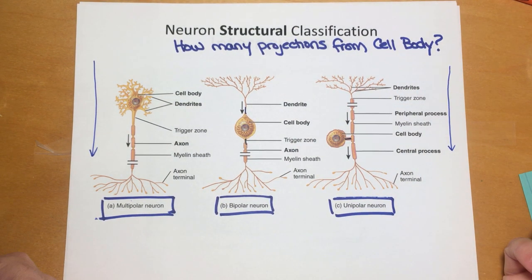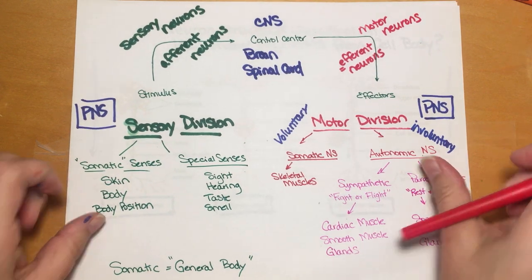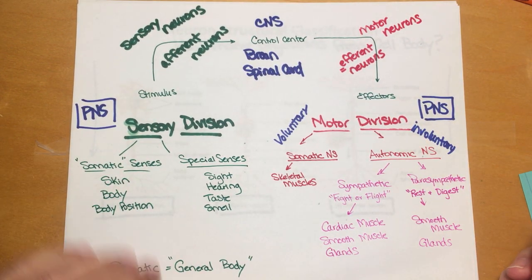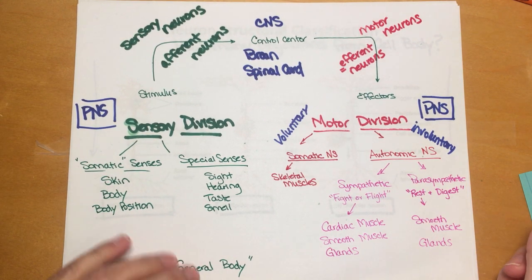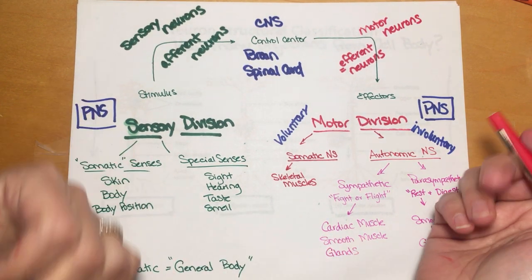The functional classification is what kind of information does it carry. So we're going to come back to this messy piece of paper, which was from our last video, the divisions of the nervous system. The best part is that I've already told you about the functional characteristics of neurons. It basically means what type of information do neurons carry.